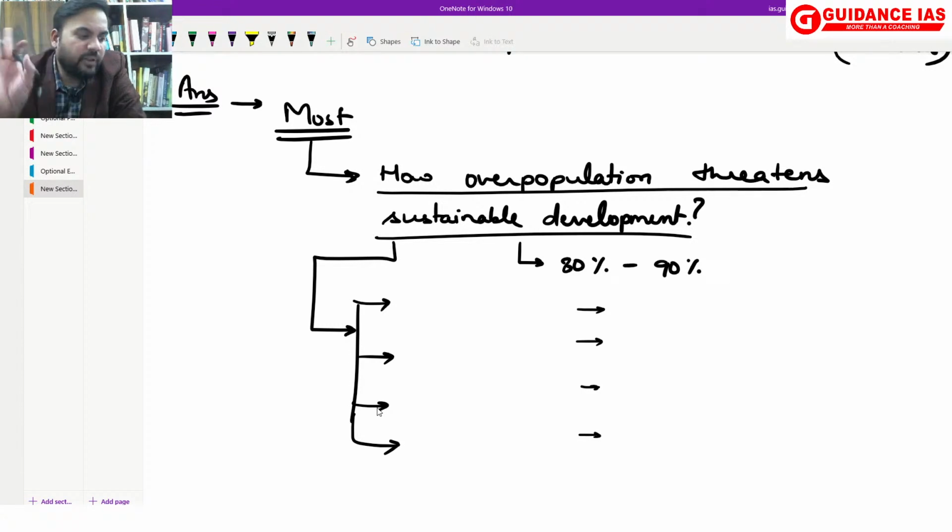How many of you thought about writing like this? Tell me. So I know many of you would have thought about writing this core theme.